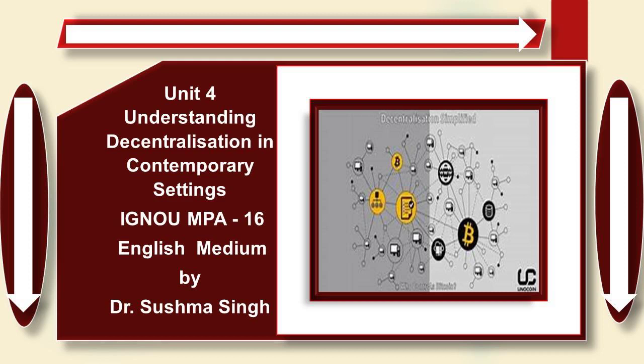Now let us move to the next point, legislative framework of decentralization. After coming to power in 1991, the Congress government gave top priority to PRIs and brought out the Constitution 72nd Amendment Bill 1991.